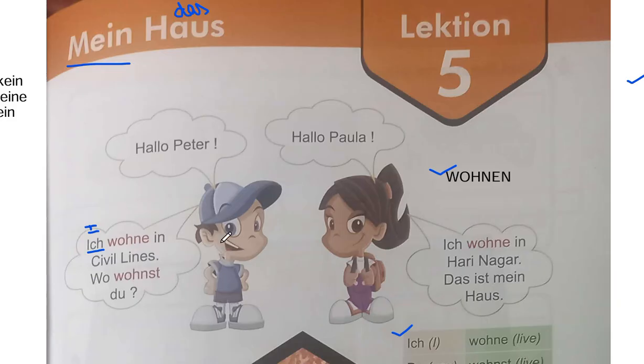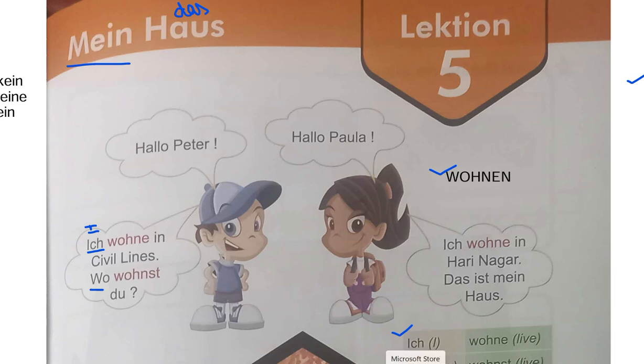So over here we have Ich wohne. Now you know what it means and why we are writing Ich wohne. In civil lines. What does this mean? I live in civil lines. And next it says, wo wohnst du. Wo, what does wo mean? Wo means where.